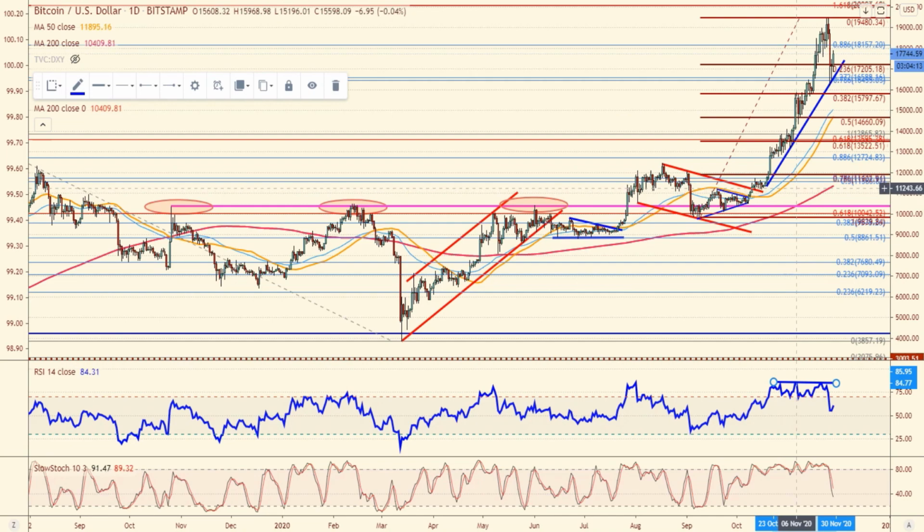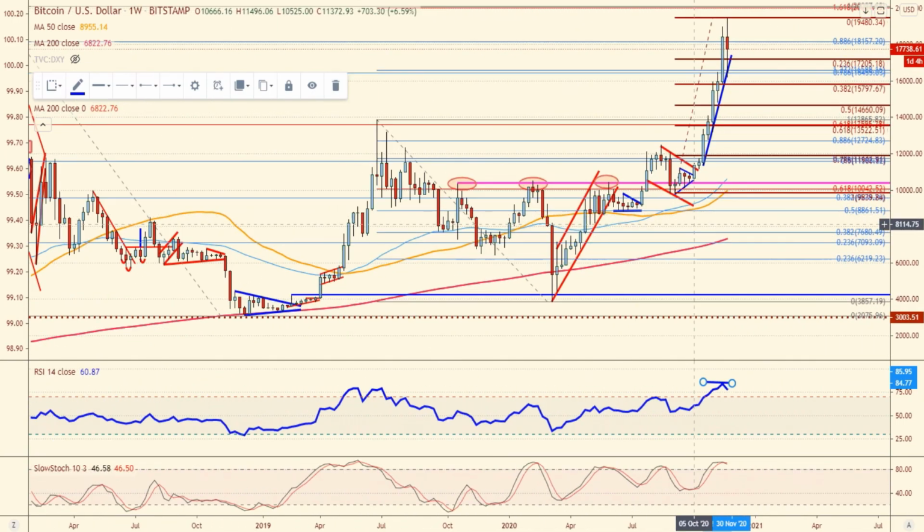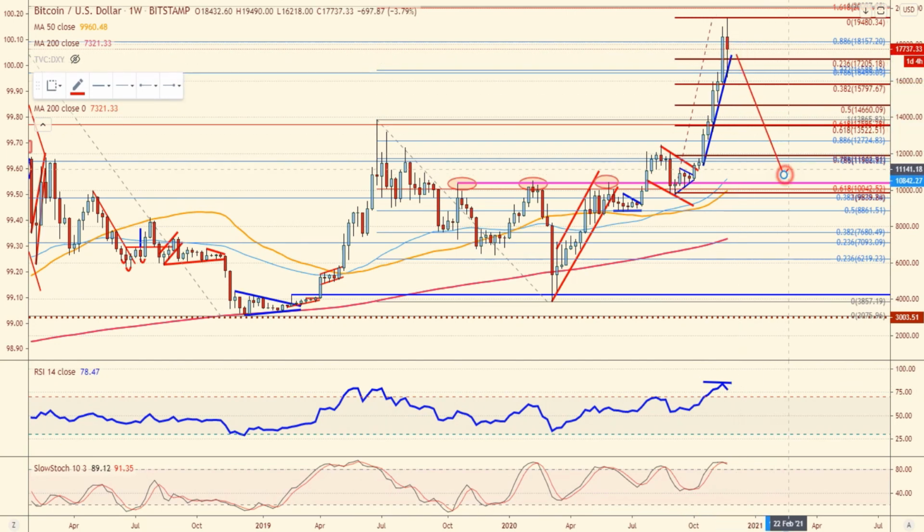But the one thing I want to point out technically is we might have made a lower high, and if we do, that's not good technically longer term, but also you might get some people taking profits up here institution wise. There's a lot of big endowment funds that are putting money towards cryptocurrencies, and there's been a lot of attention. So I think any type of major downside that you see in cryptocurrencies will be fairly limited. I don't think they're going anywhere. Let's just put it that way.